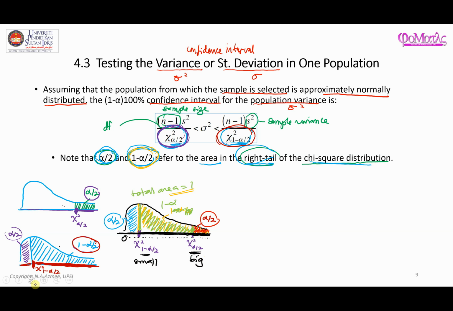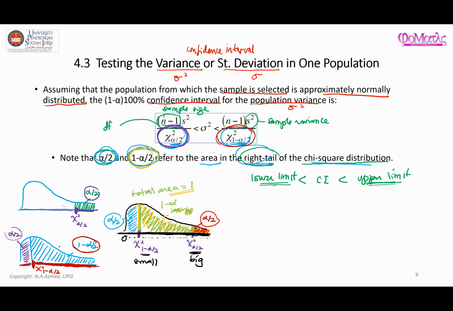And let us look at the construction of the confidence interval. When you construct a confidence interval, so this is the confidence interval. This one is the lower limit. Okay, so this one is the upper limit. As the name itself suggests to you, the lower limit means the value here must be definitely lower than the value given here.